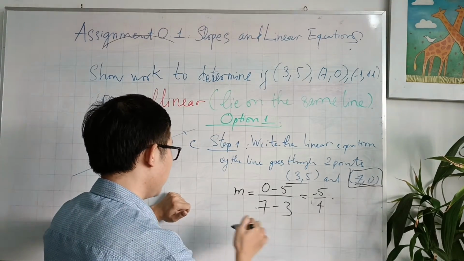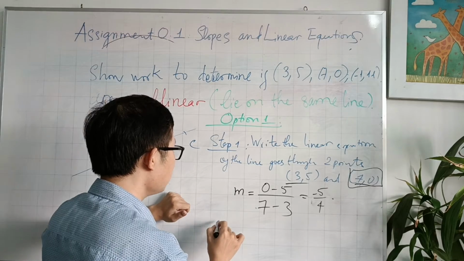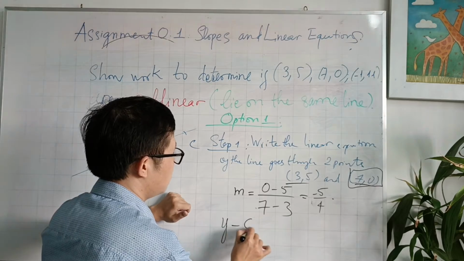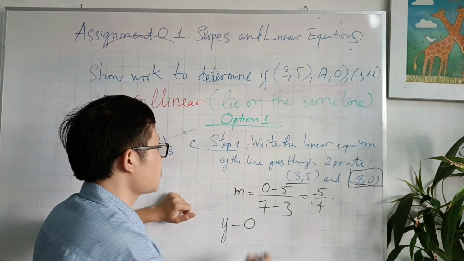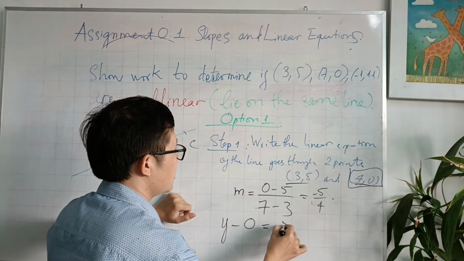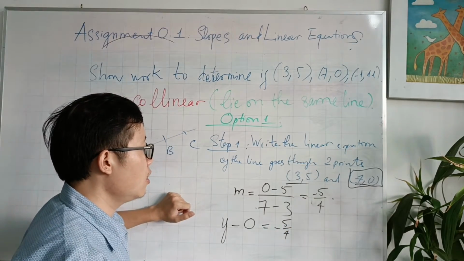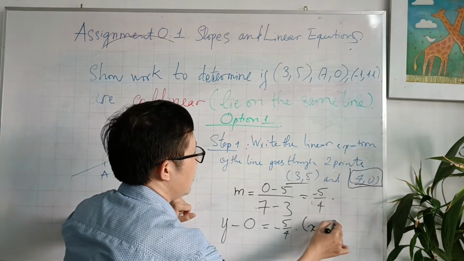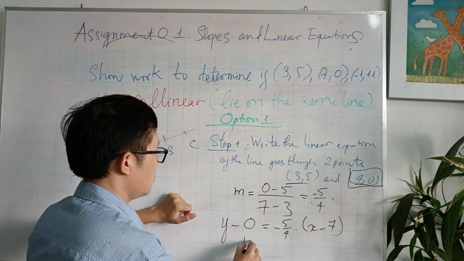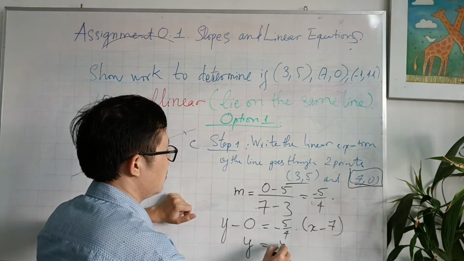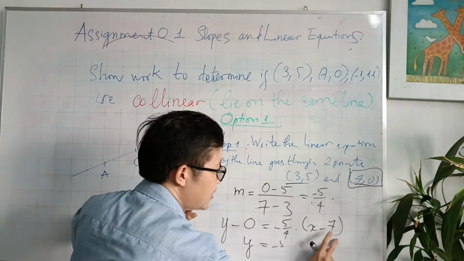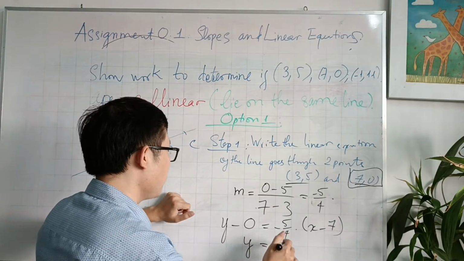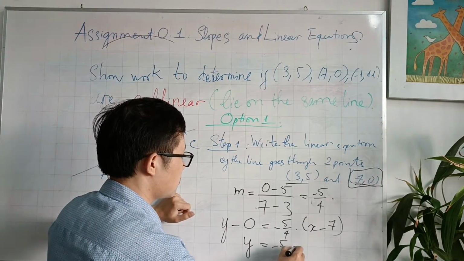So we can write the equation of the line: y minus 0 equals negative 5 over 4 times x minus 7. So y equals... maybe you can expand these expressions, or maybe you can rewrite it. Expand.